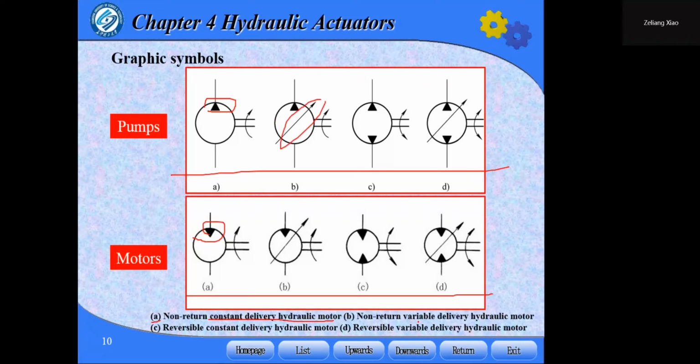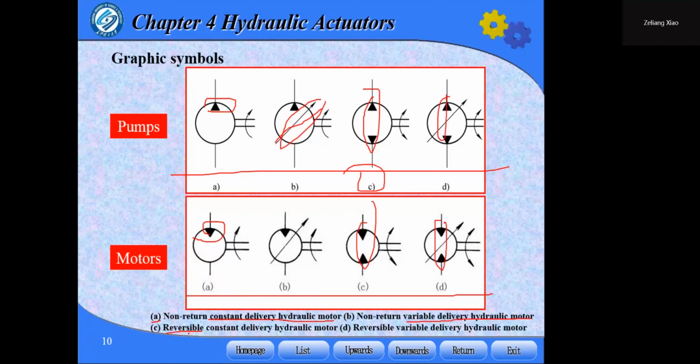And if it's a variable delivery, there exists an arrow. And this means it's a reversible hydraulic motor.